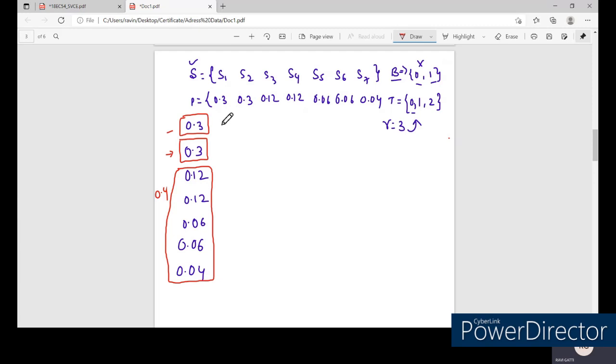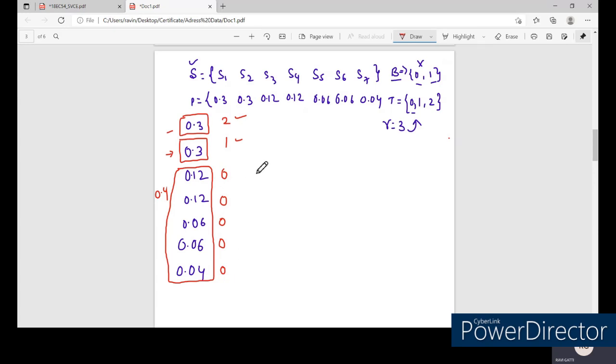If it were binary, we would allocate 1 and 0. Since it is ternary, I should allocate 2, 1 and 0. There is no division possible for this one, so this is complete. Whereas here we can have a division.